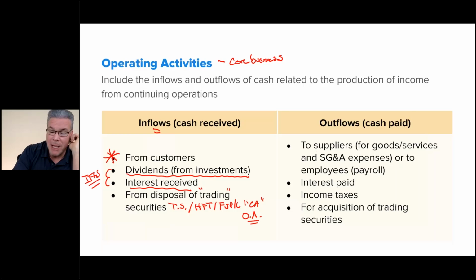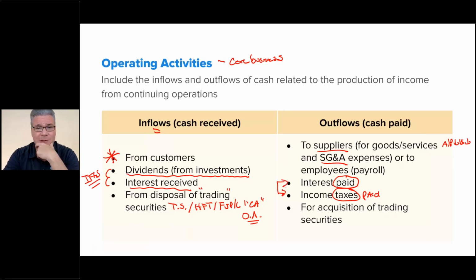We pay our suppliers. Okay, your accounts payable goes down. When your accounts payable goes down, cash is going down. We pay our SG&A, marketing, advertising, rent, insurance, utilities, cash goes down. Interest paid, taxes paid. Again, for my IFRS students, notice the US rule, there's no options there.